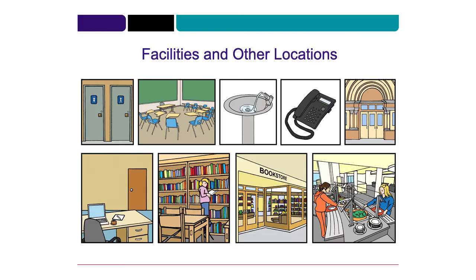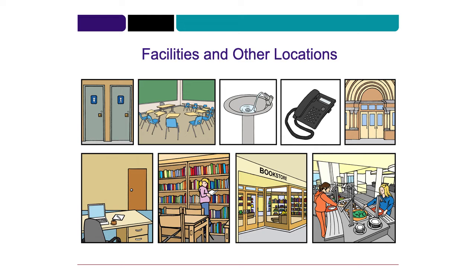Okay, we're going to go to these pictures, and that first picture is definitely the bathroom, the toilet. So we are not going to do that one, but we're going to go to the next picture, and I am going to pick one of these pictures. We're probably just going to go in order, and you are going to practice what we just did when we asked for where the bathroom was.